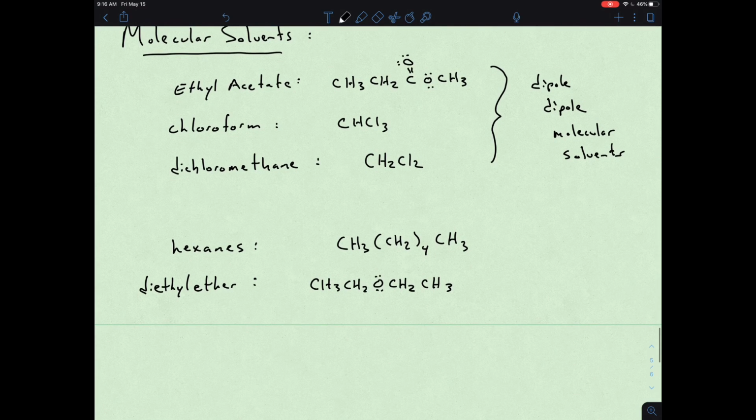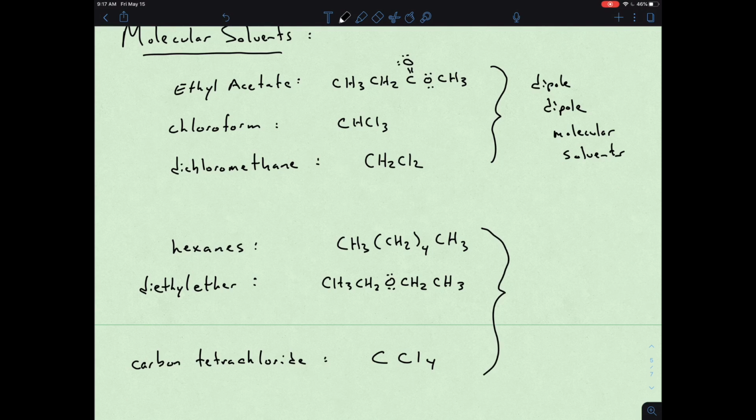And then lastly, one that we just utilized above is carbon tetrachloride. And so these are dispersion molecular solvents. And like I said, there's a bunch more out there, but here are just a few examples of them.